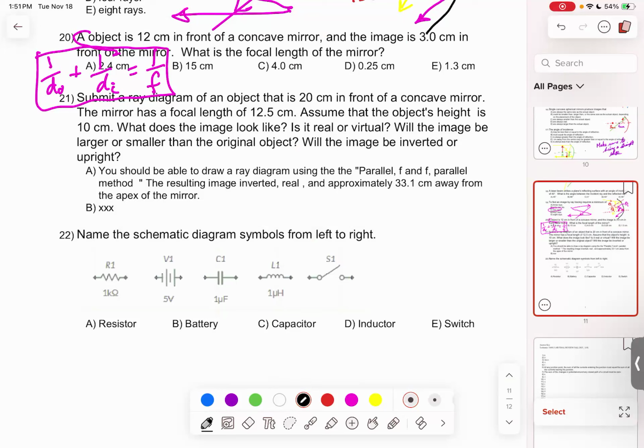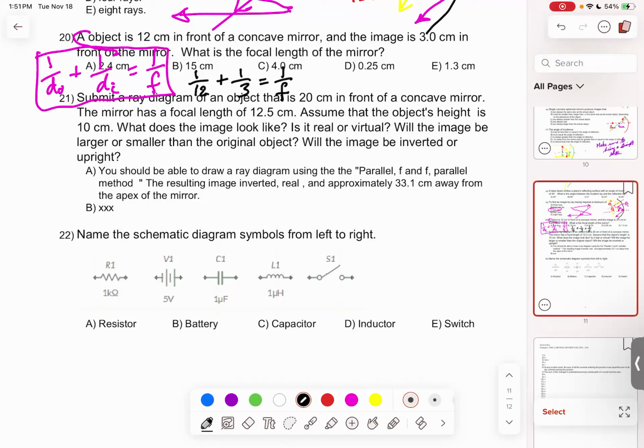An object is 12 centimeters in front of the concave mirror. So that's the distance from the mirror to the object. So 1 over 12, where d naught is the distance of the object. The image is 3 centimeters in front of the mirror, plus 1 over 3 is equal to 1 over f.